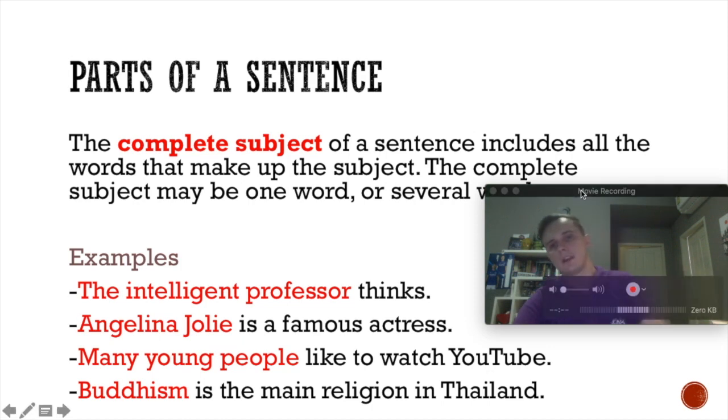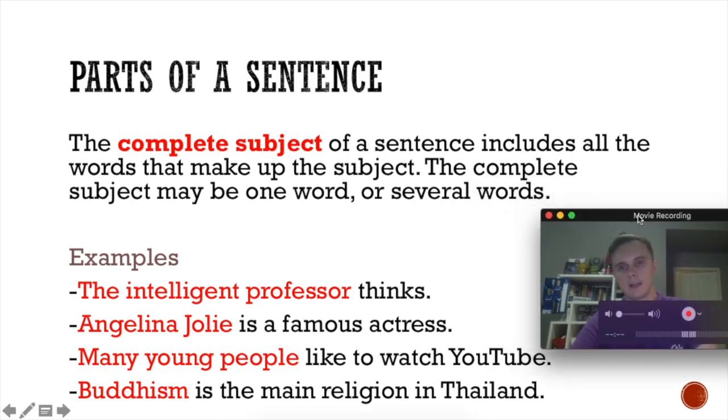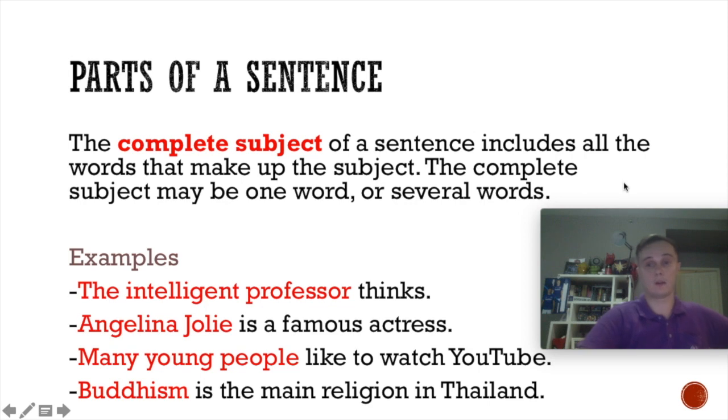Now, hopefully you remember this from your work in IP4 and IP5. So, the complete subject of a sentence. What is the complete subject? It includes all of the words that make up the subject. So everything that we've just done, we found the complete subject.